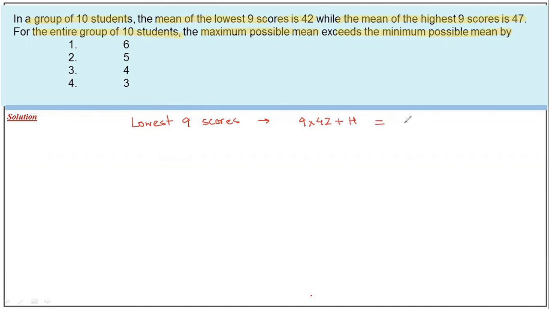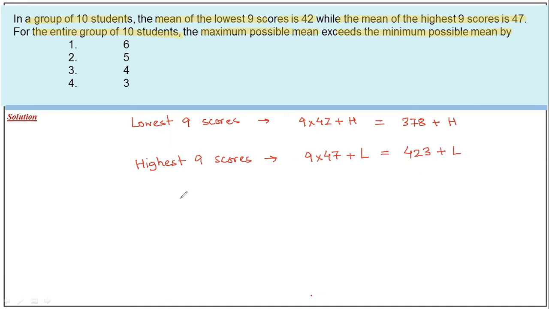So that is equal to 378 plus H. And while calculating the highest 9 scores, we have 9 into 47 plus the lowest score. So that is equal to 423 plus L.